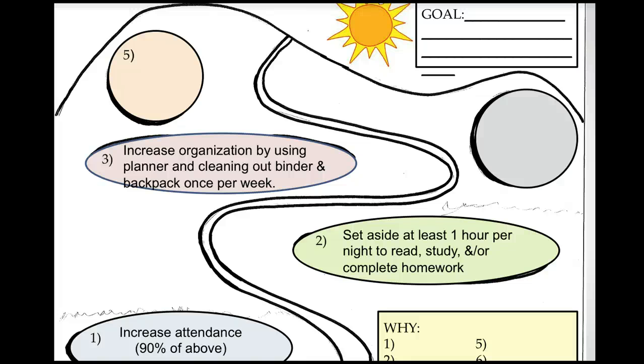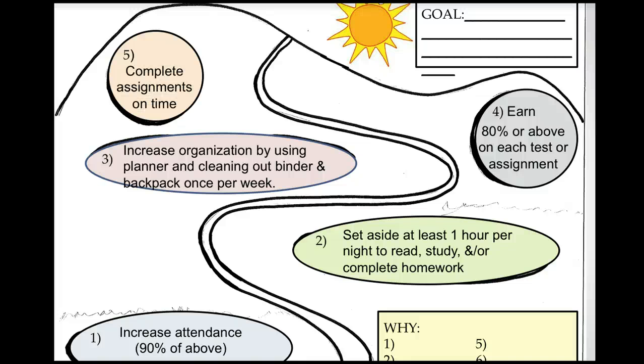We might also want to increase organization by using a planner or a binder or cleaning it out every once in a while. Maybe once per week would be a good idea. We'd want to earn 80% or above on each test or assignment, because that would be a B. And we want to complete assignments on time, because that's going to help us be proficient. All those 5 steps together will help us accomplish that goal of being a student with a 3.0.